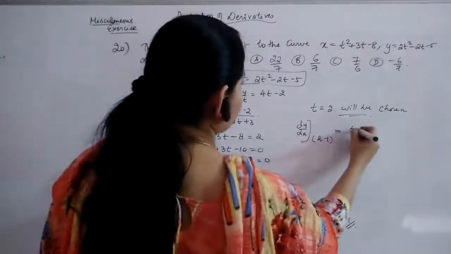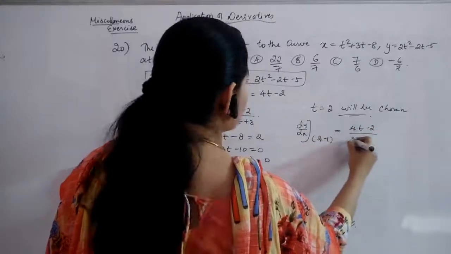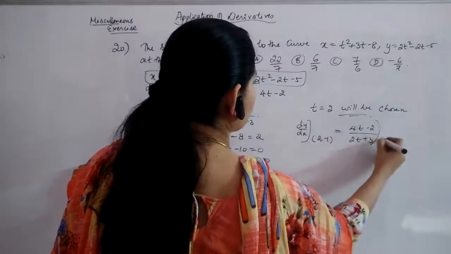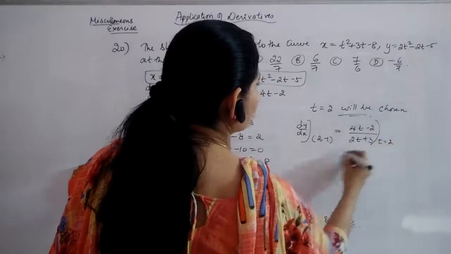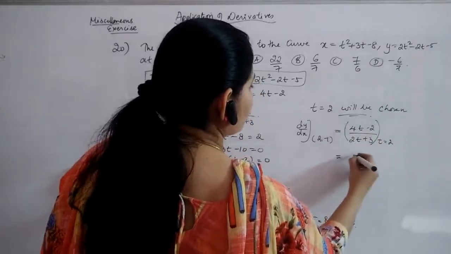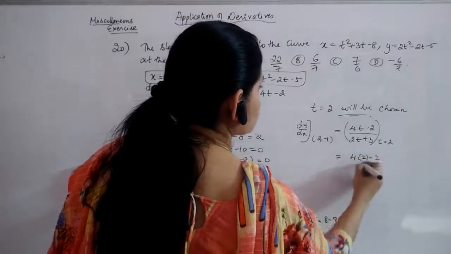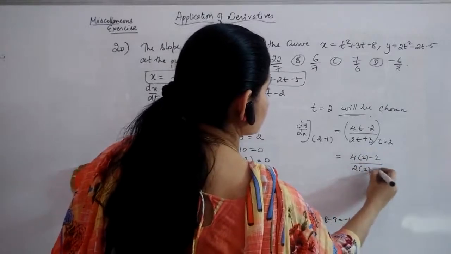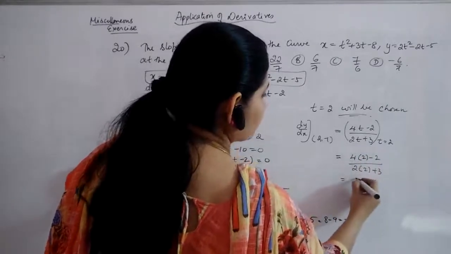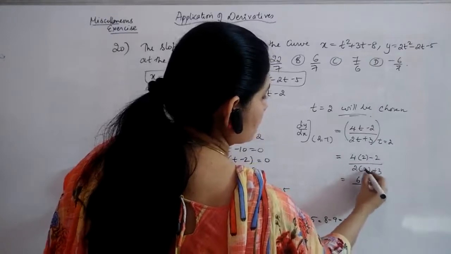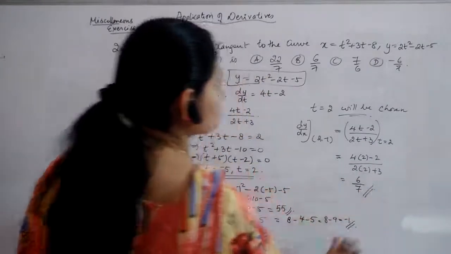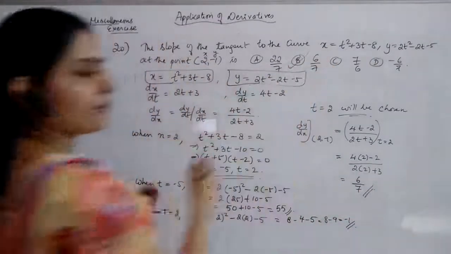Okay. So 4t minus 2 divided by 2t plus 3 at the point t is equal to 2. It is 4 into 2 minus 2 divided by 2 into 2 plus 3. 6. Here you will get 7. Okay, 6 by 7 is the answer. Understood?